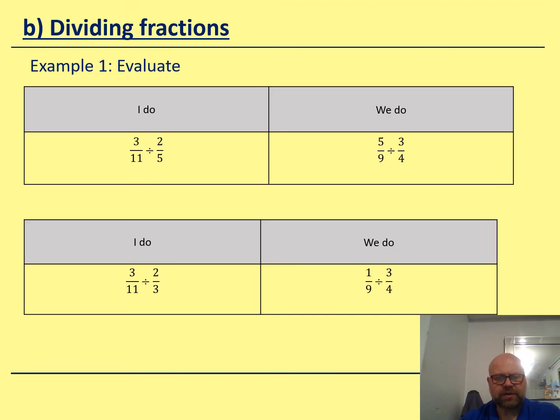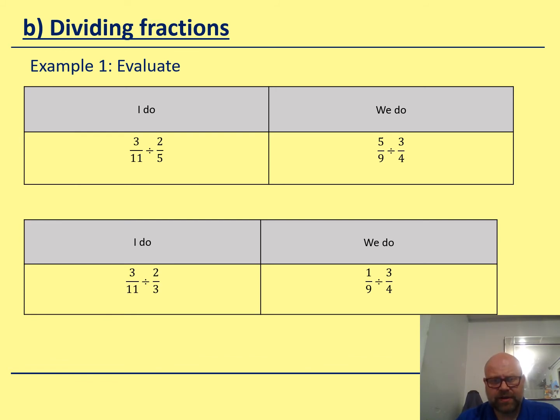Now we're going to look at dividing fractions. Okay, and it involves finding the reciprocal. If I've got 3/11 and I want to find out what I need to multiply 2/5 by to get 3/11, it's quite difficult to do. But what we can do is find the reciprocal of the fraction that's being divided by.